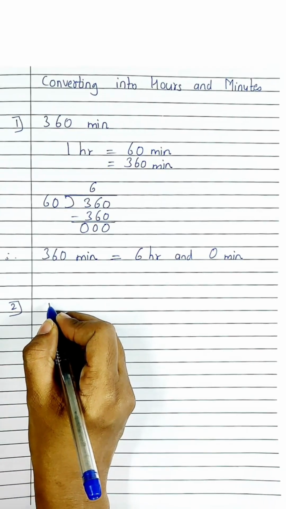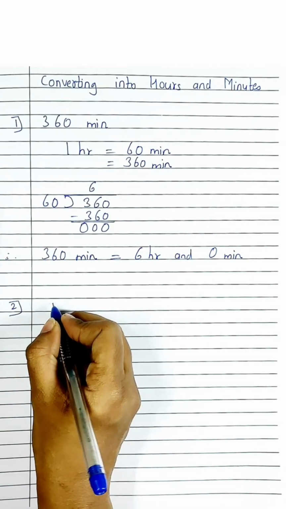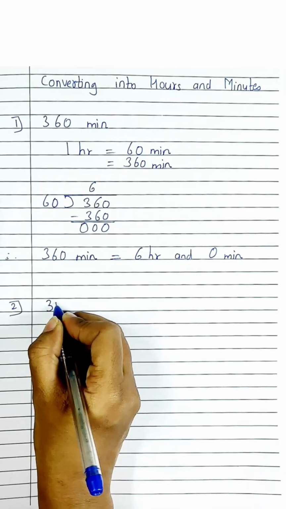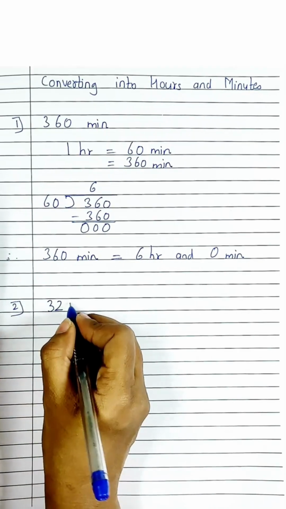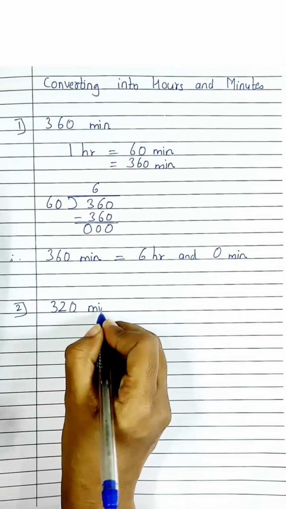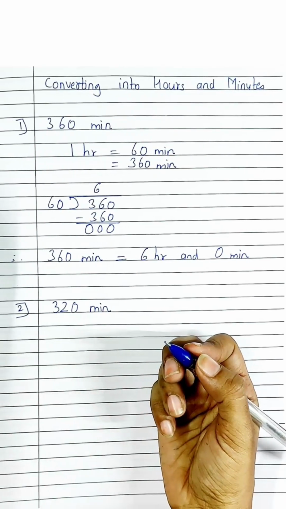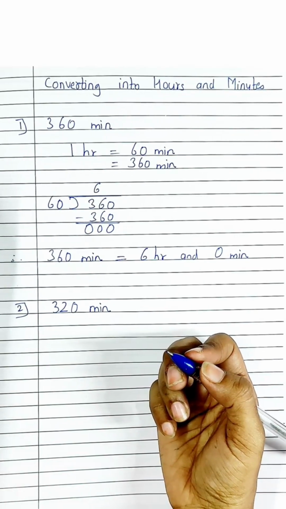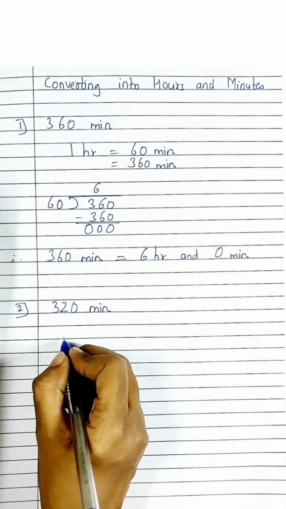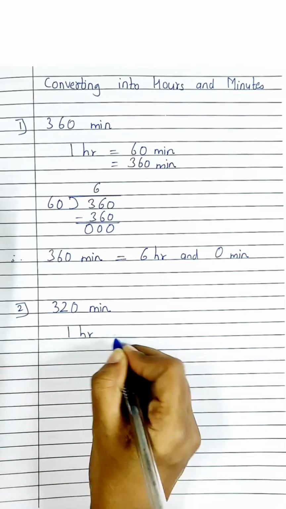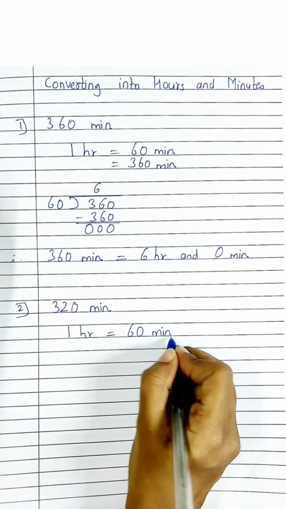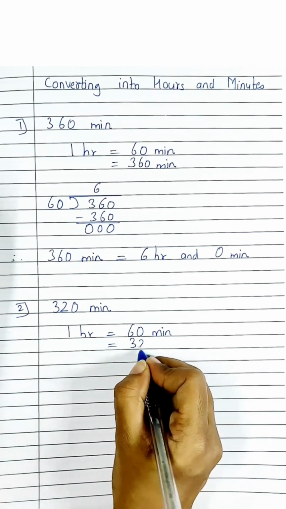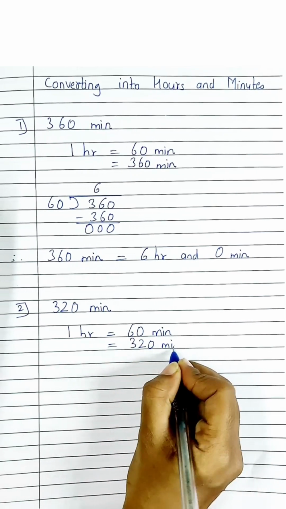For example, 320 minutes. Yes. So over here we know that 1 hour is equals to 60 minutes. 320 minutes.